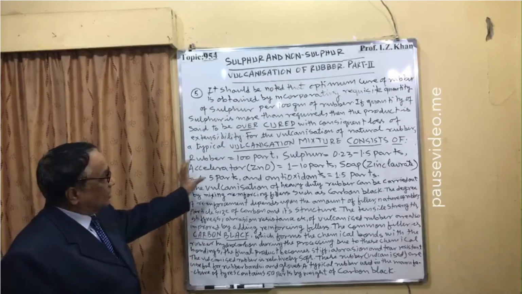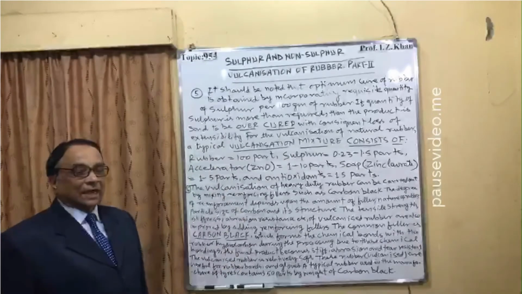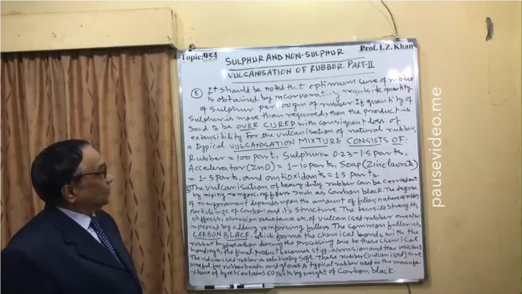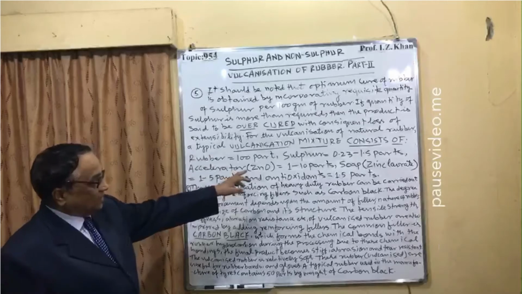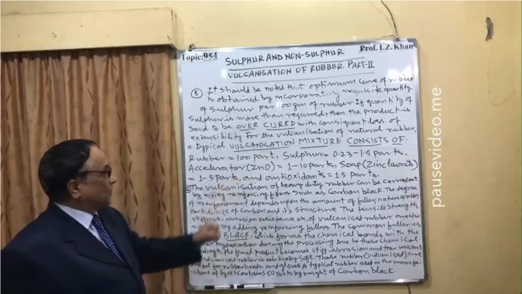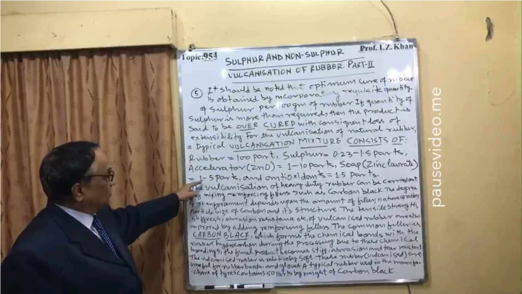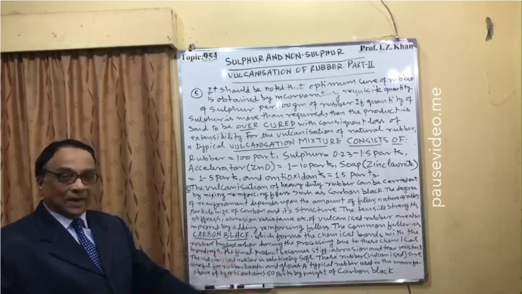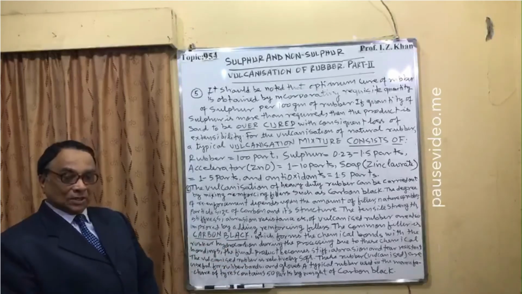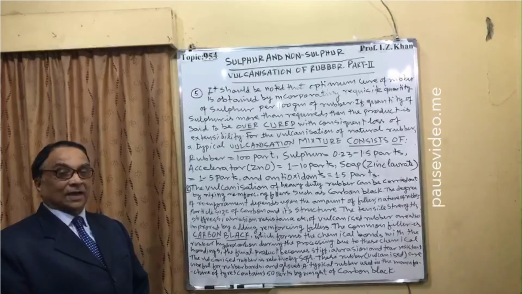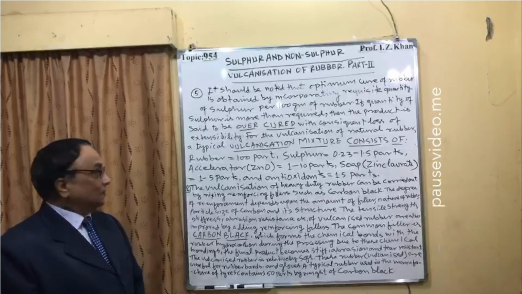So these are the ratios of the mixture maintained for vulcanization of natural rubber. But of course this ratio varies from 1 part to 10 parts, from 1 part to 5 parts, as desired by the producer, depending on what quality of rubber they want, whether it is for rubber band or for tire or for tube or for some other purposes.